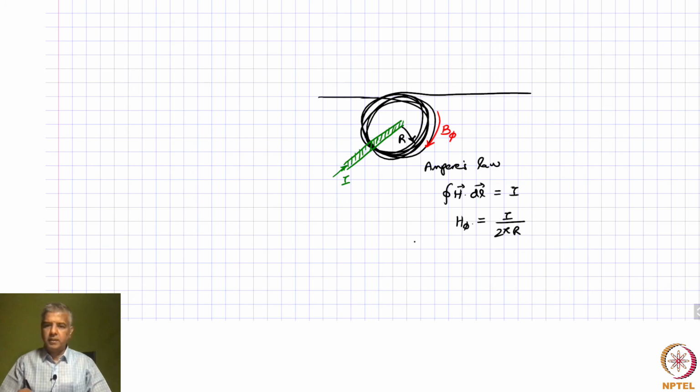If you are looking at B phi, that is nothing but mu, where mu is the permeability of this medium, mu I over 2 pi r. So the point is, according to the current flowing in this wire, you have a magnetic field generated.